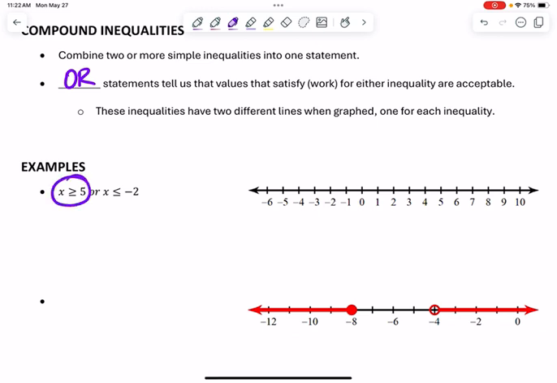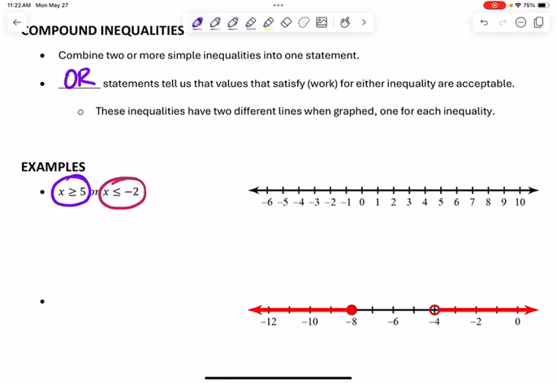So if I take a look at this one, I have x is greater than or equal to 5, and I have x is less than or equal to -2, and it's an or situation, which means I'm happy if my values of x are greater than or equal to 5, or if my values of x are less than or equal to -2. And so I'm going to graph those two separately.